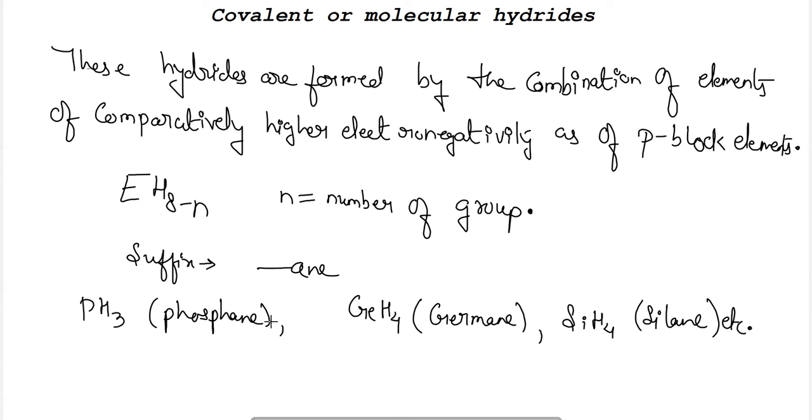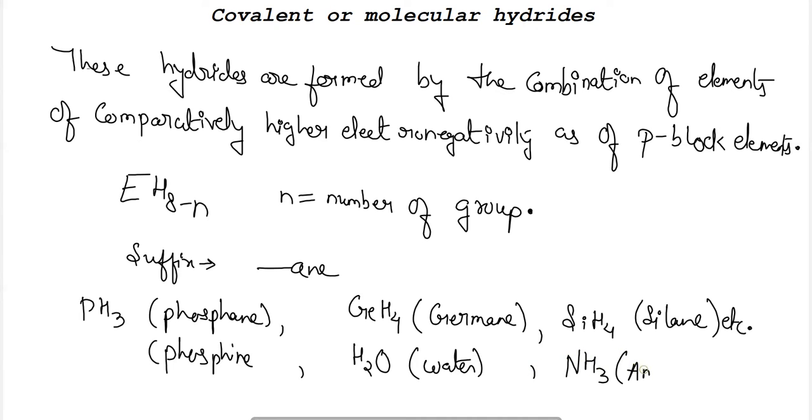However, these are the proper IUPAC names. Their common names are: for PH3 it is phosphine; the hydride of oxygen is water; the hydride of nitrogen is called ammonia. These are the common or popular names of the hydrides formed here. The systematic name of water is oxidane, and for ammonia the name is azane.